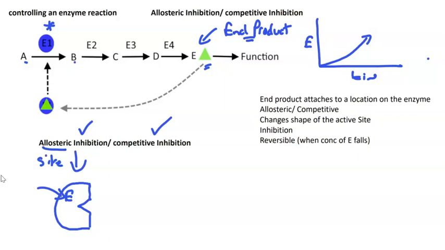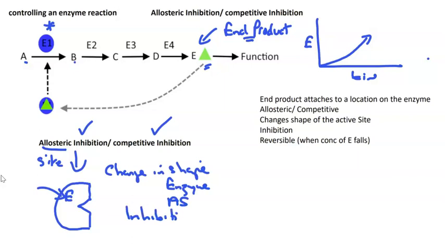The attachment of E to the protein structure results in a change in the shape of the protein, which of course is a change in the shape of the enzyme, and in particular a change in the shape of the active site, and that brings about inhibition. This inhibition is reversible. As this inhibition occurs, the production of E declines, and it's also being used up for its function.